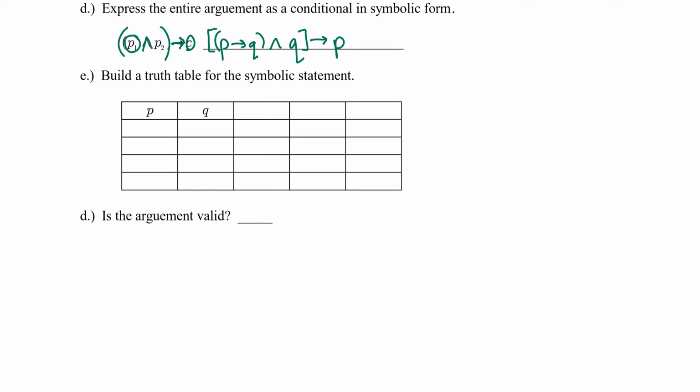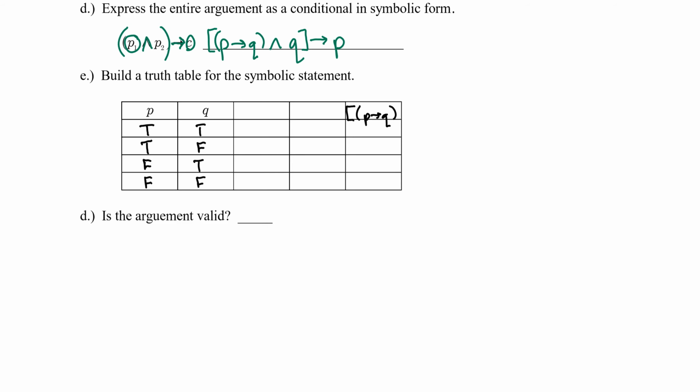So let's begin building our truth table. As I mentioned before, since we only have two simple statements, our truth table needs 4 rows. And we're going to set up initial truth values in the same way that we always do. In our truth table, the last column will contain our entire compound statement, our entire big conditional.